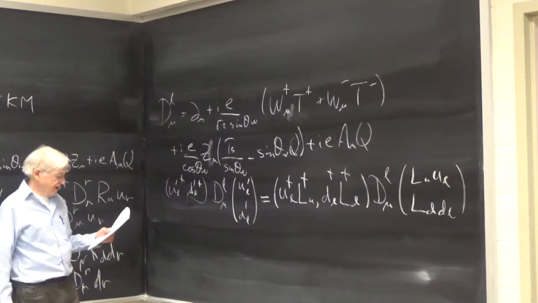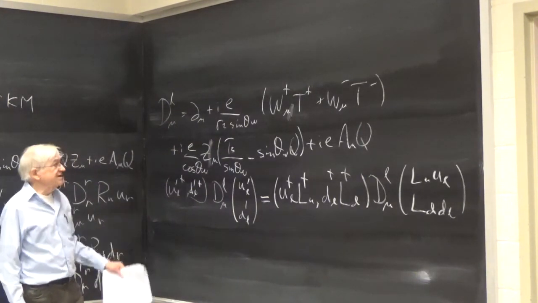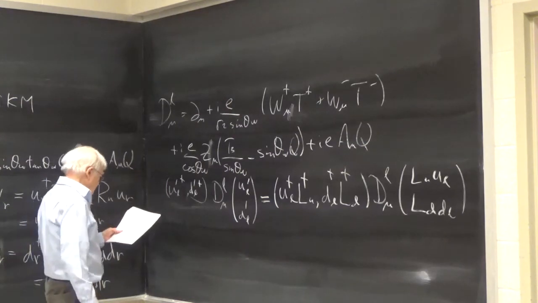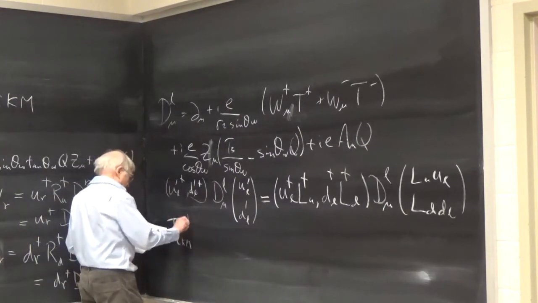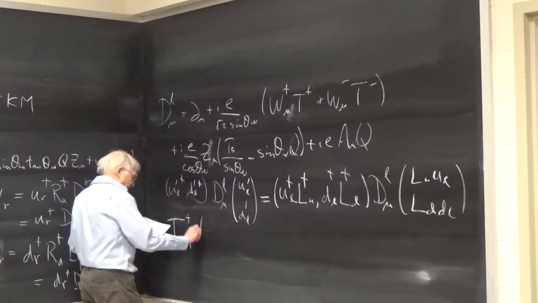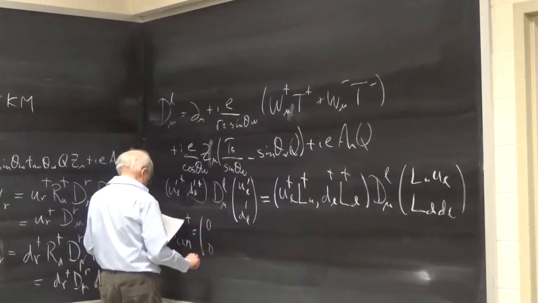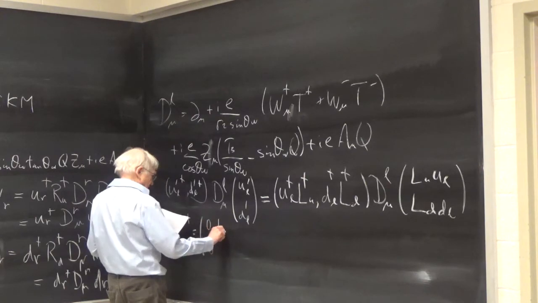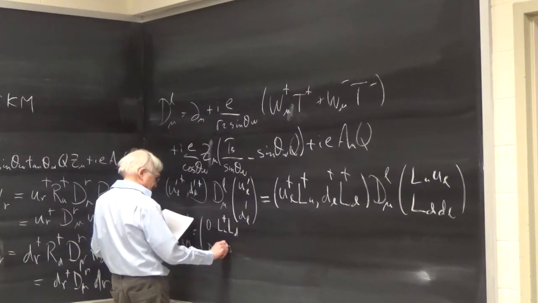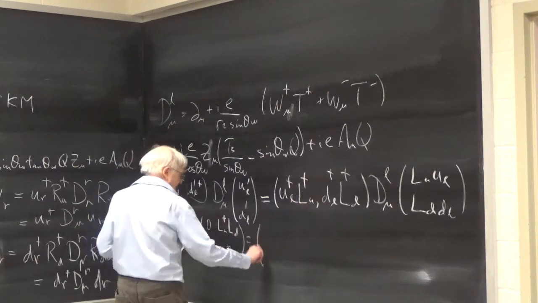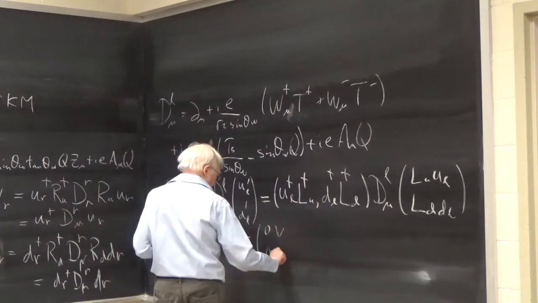And so what we can do is define new T matrices. We can define a T CKM plus as 0, 0, L_U dagger L_D, 0. Or we can write it as 0, 0, V, 0.